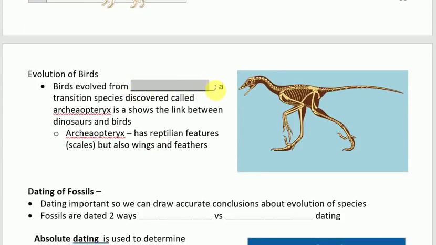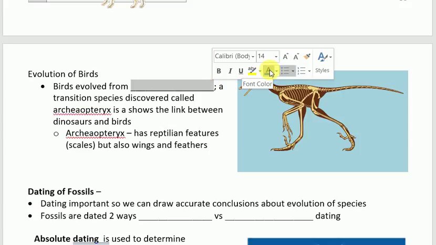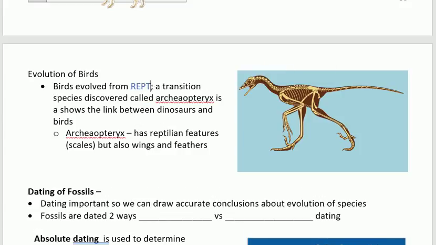Birds actually evolved from reptiles. And a transition species was discovered called the Archaeopteryx. And it shows the link between the dinosaurs and the birds. So it actually has reptilian features such as scales, but it also has wings and feathers.